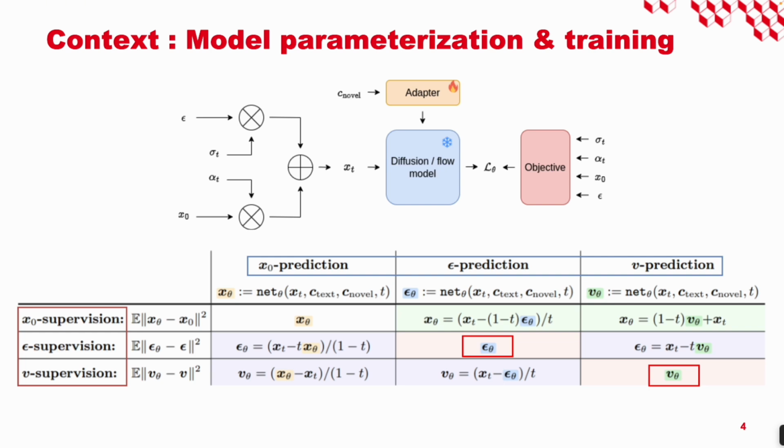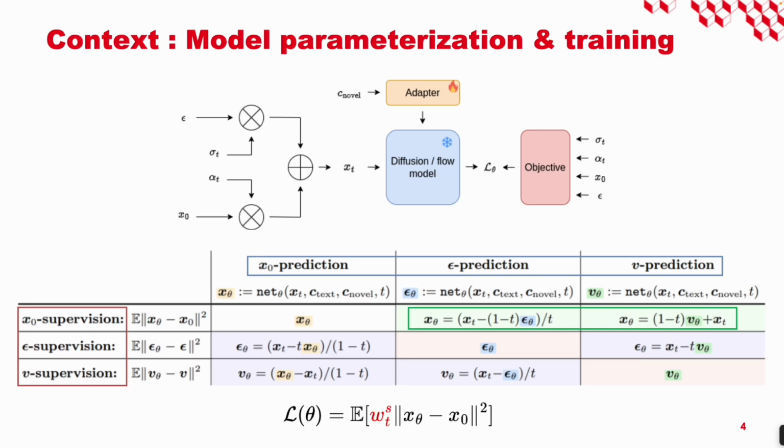That is, supervising an epsilon prediction model with the epsilon supervision loss, or a V prediction model with the V supervision loss. Although this is natural and effective, we rather propose to supervise any predictor with the clean image, that is the x0 supervision loss.